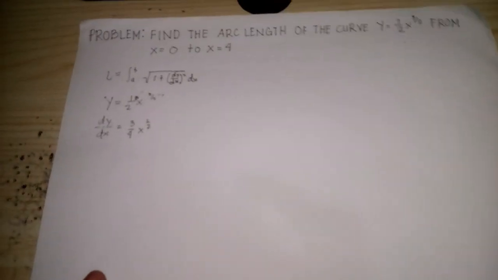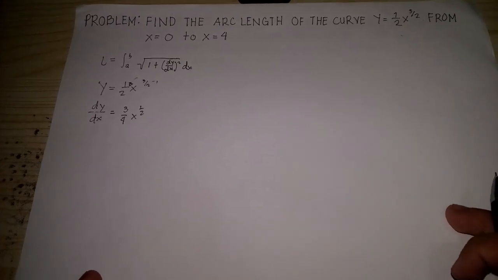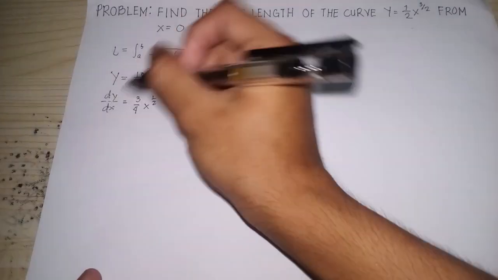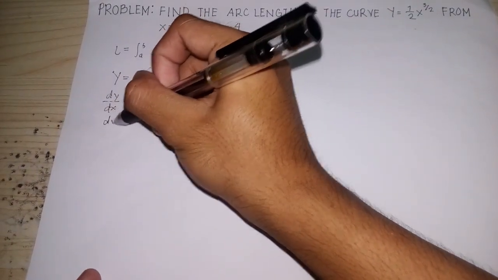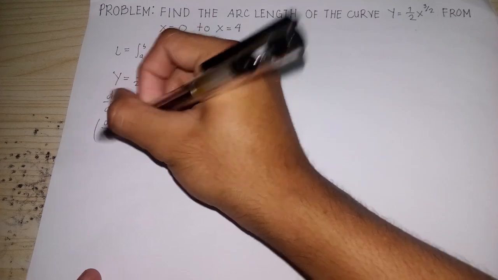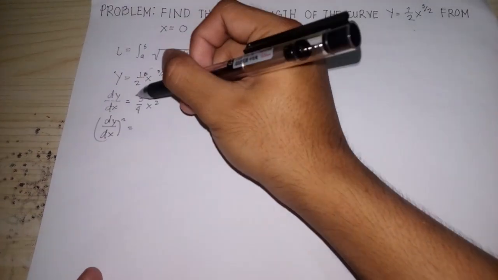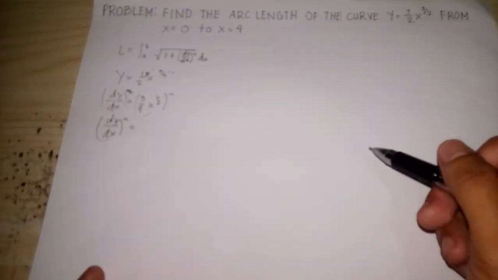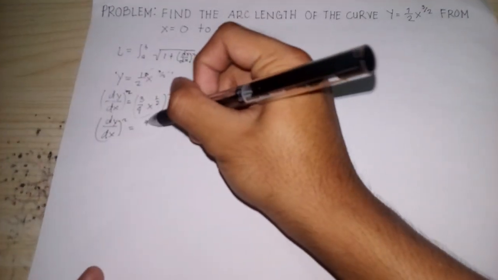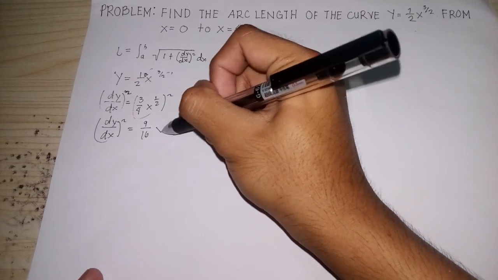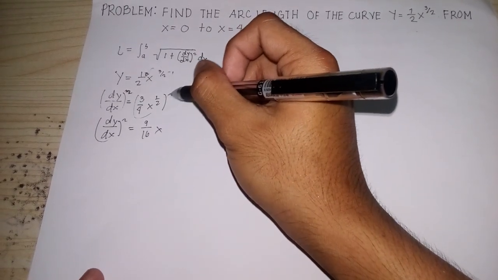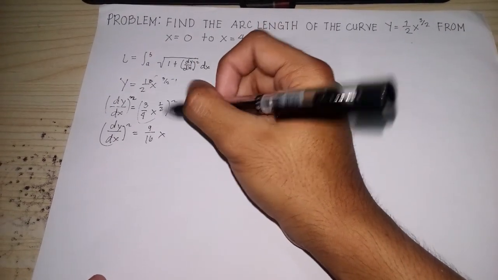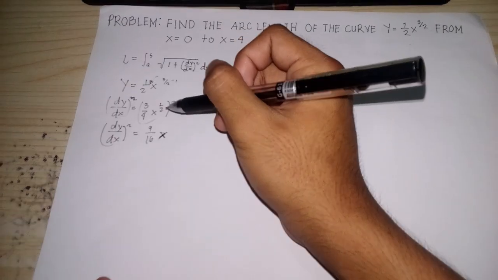Now, since we have dy over dx squared, if we square this, it is now equivalent to 9/16 x, since if we multiply 2 by our exponent, 2 times 1 half, that's 1, then x will be the only one left.